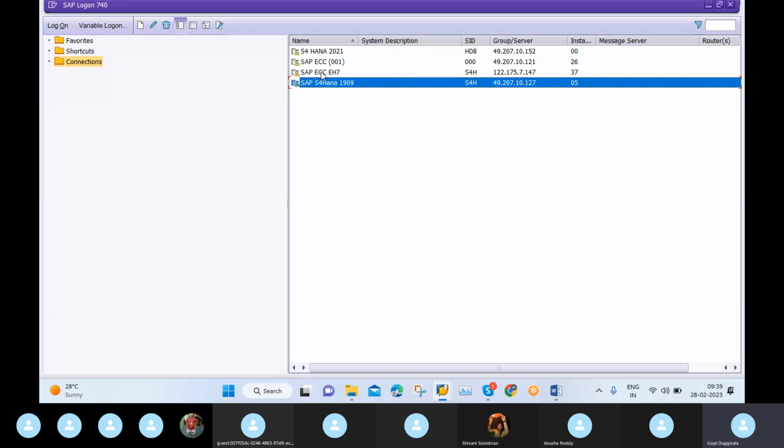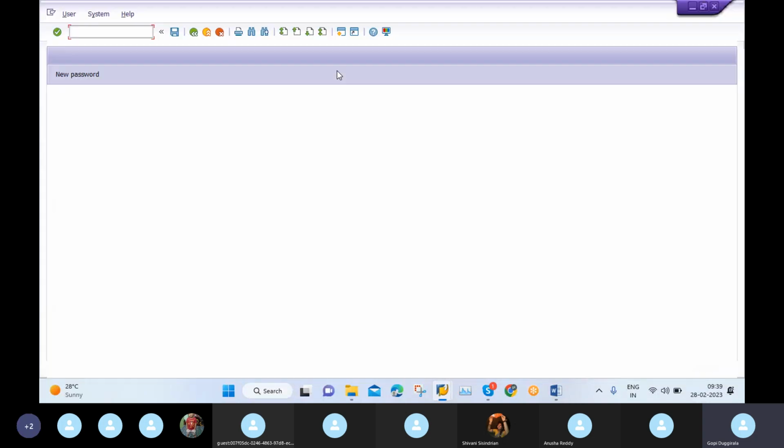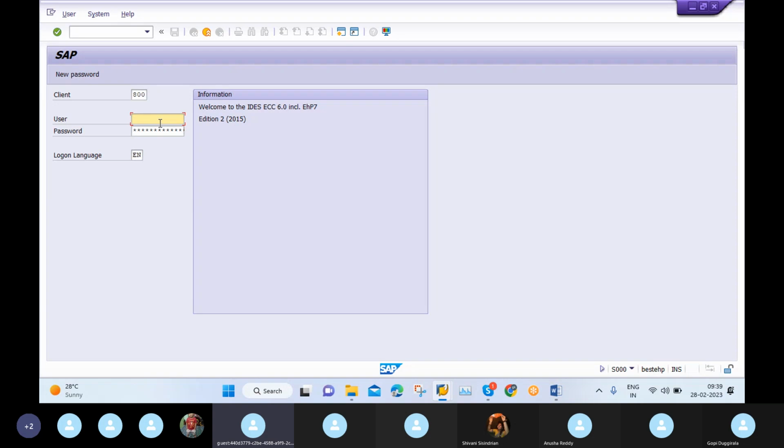So in ECC, for example, if I open ECC, balance sheet, profit and loss account.